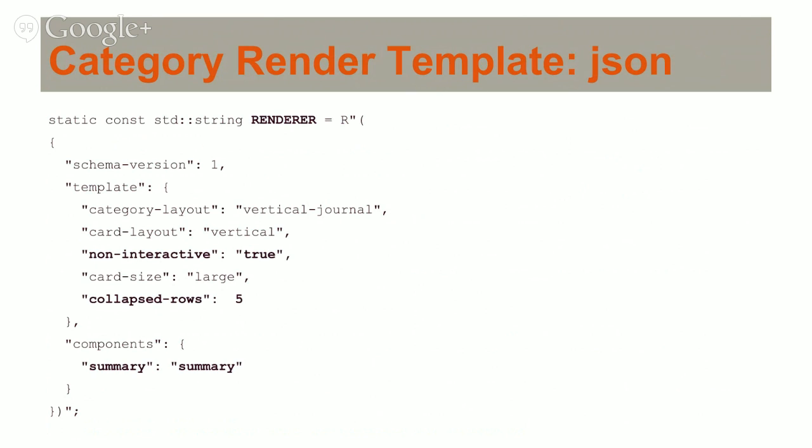Collapsed rows is basically, sometimes you see "see more" and "see less." This is the number of rows before it just doesn't show anymore and it says see more or see less. But you get the idea. Down below are the components, and these are the data items really, of sorts, into which you stick your data.